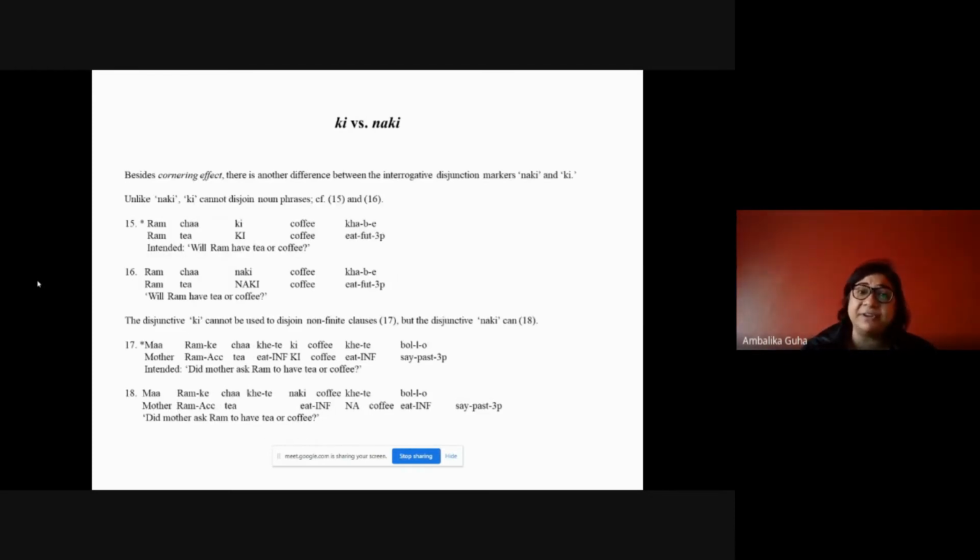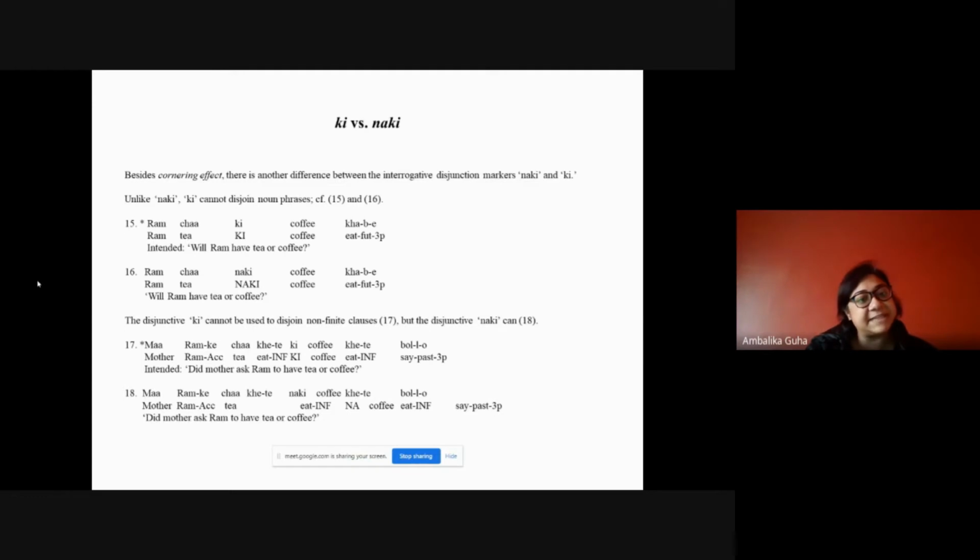There are other differences between ki and naki. For example, ki cannot disjoin noun phrases, like 15, Ram cha ki coffee khabe. Will Ram have tea or coffee? That is absolutely out in Bangla. But naki can disjoin noun phrases, like Ram cha naki coffee khabe. Will Ram have tea or coffee? Good.